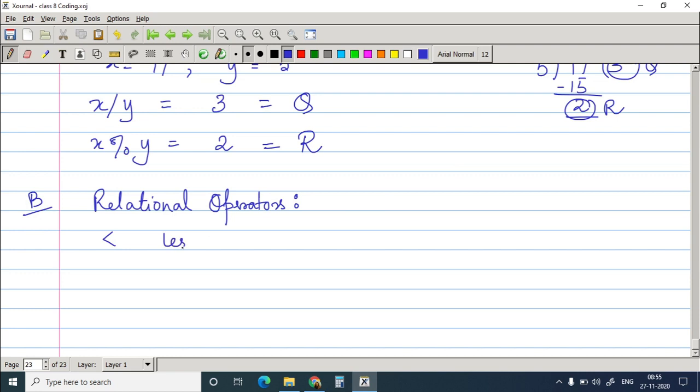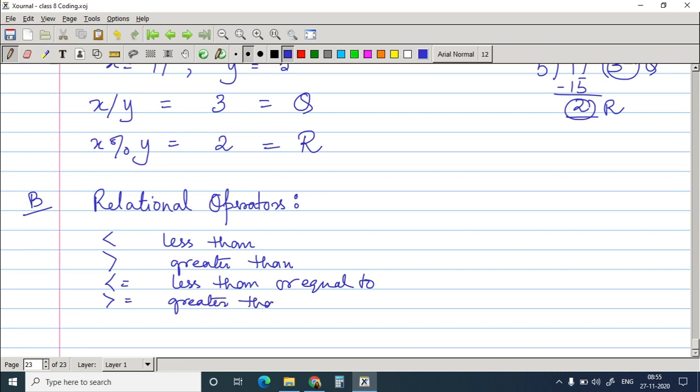Less than, greater than, less than or equal to, greater than or equal to, then you have equal to and not equal to.